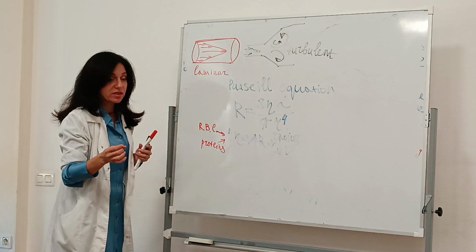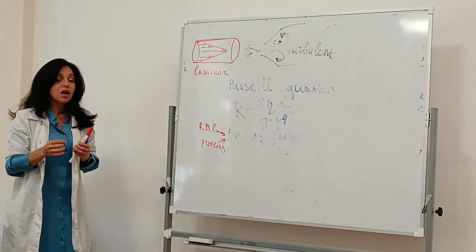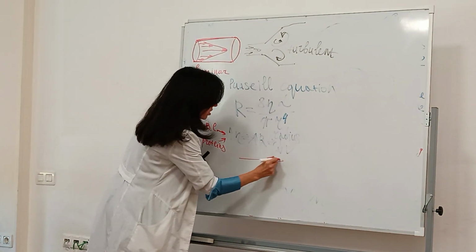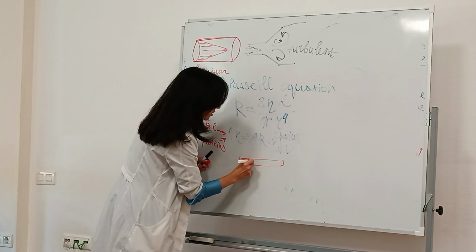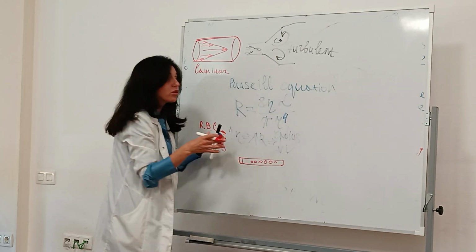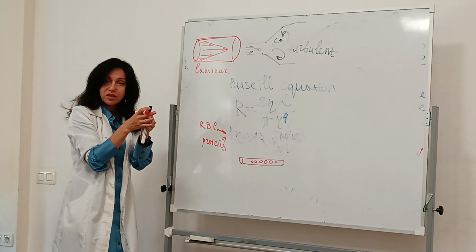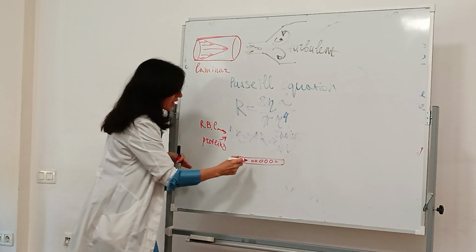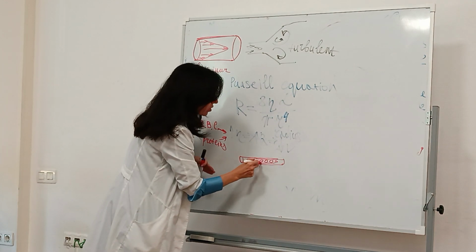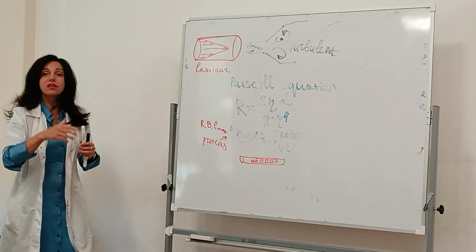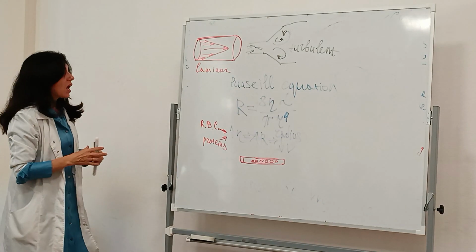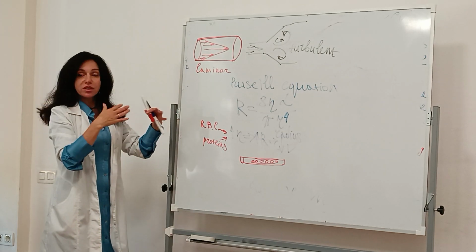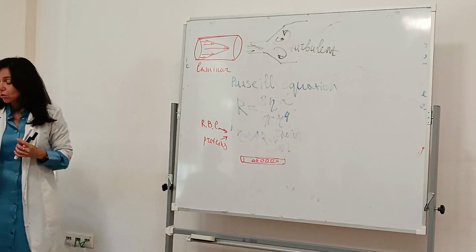But in the smallest blood vessels, viscosity can fall because erythrocytes cannot go together and stick together. They go one by one, like sliding on a layer of plasma. It decreases viscosity. Remember, this was the Poiseuille equation to describe blood flow.